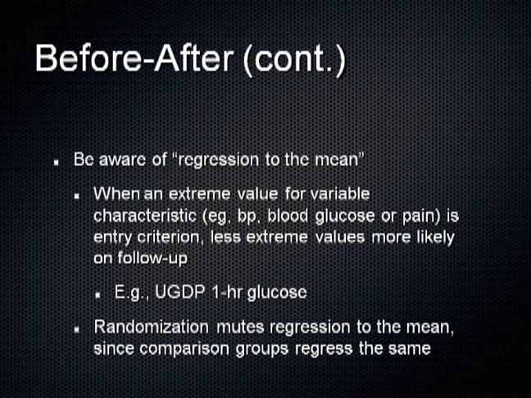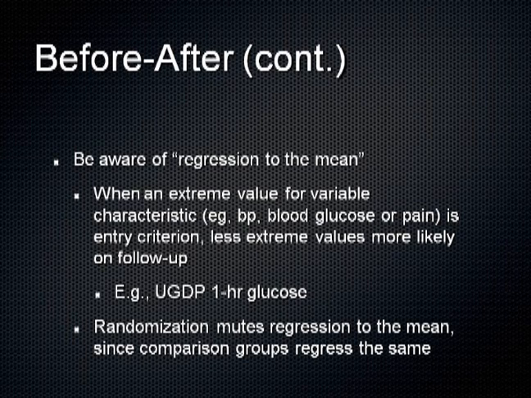Then there are so-called before and after studies. This gets us to the problem of regression to the mean. I know you've heard about it. I think the most interesting highlighting of regression to the mean came from a very nice analysis that reinterpreted the entire placebo effect as being largely produced by regression to the mean.